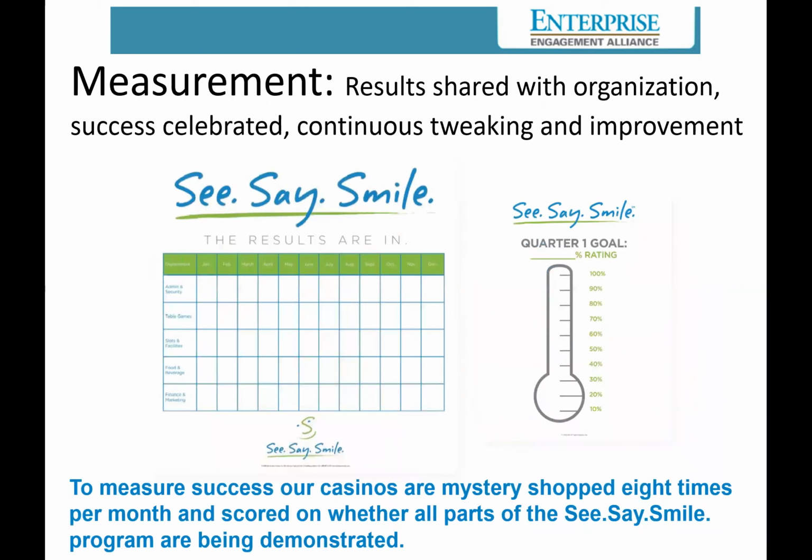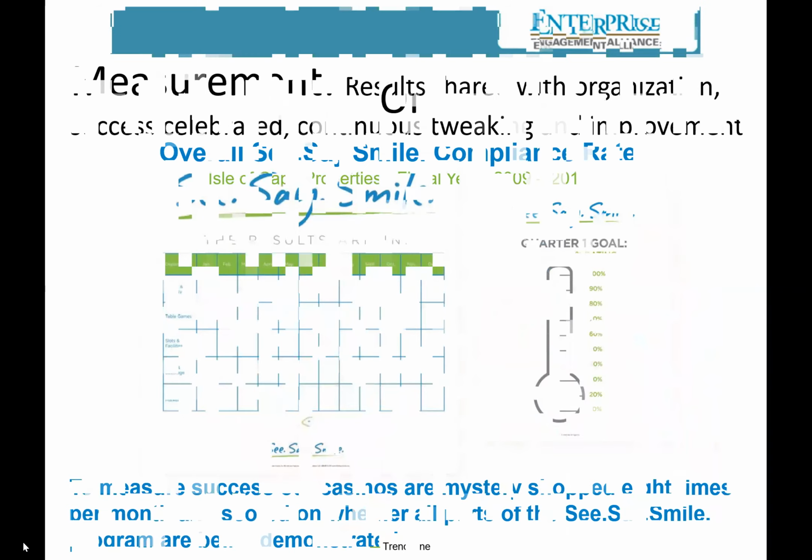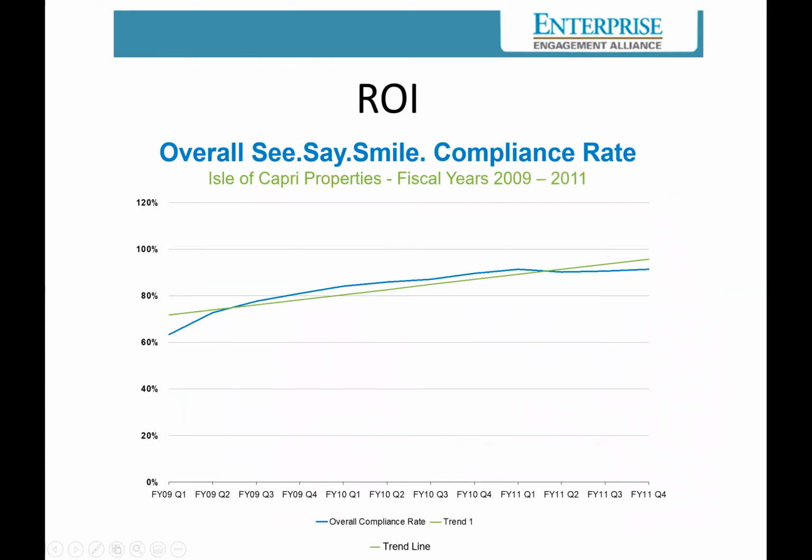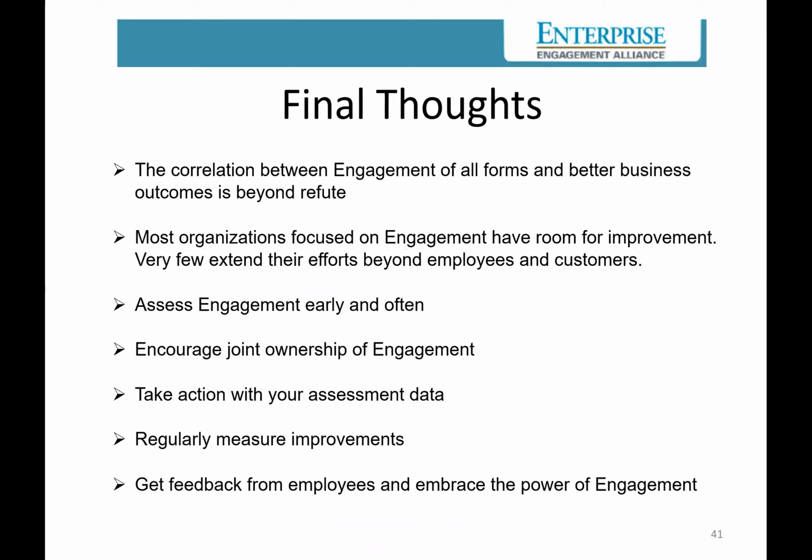And they were able to measure the results because they had the mystery shopper come in 8 times per month, and they scored on whether all parts of the See, Say, Smile campaign were being properly demonstrated. And then they compared it with the financial results, and they saw a direct correlation between the casino property results and the compliance rate. So the whole idea is measure results.